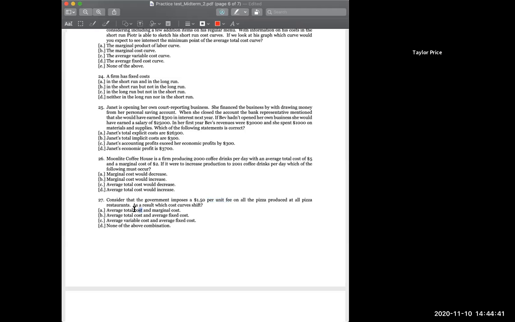So we can say that that is going to be true. And then for the marginal cost, the marginal cost is just basically the change in total cost over the change in quantity. And so we can also say, because we know the average total cost is going to change, we know that the marginal cost is going to change. So then in that case, we know that A is the correct answer.